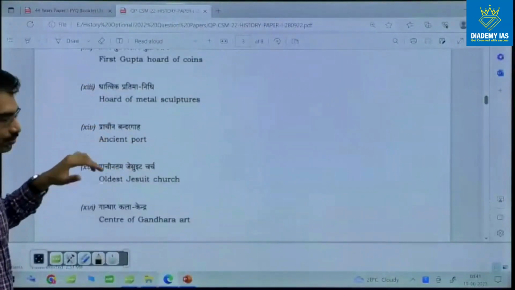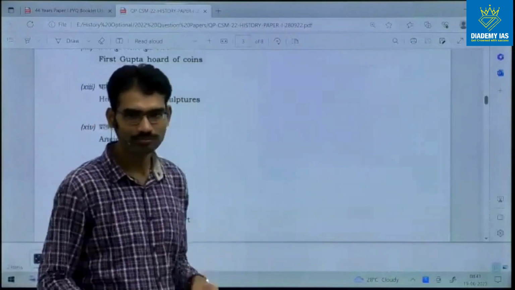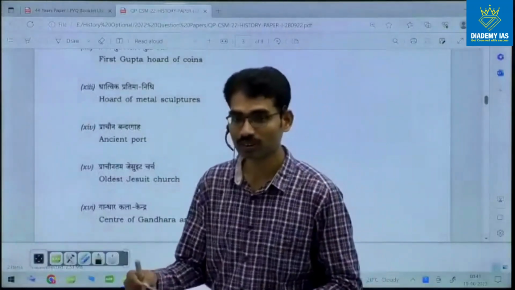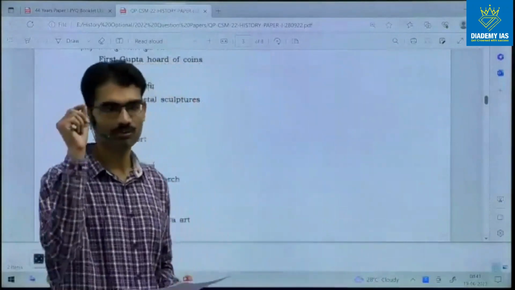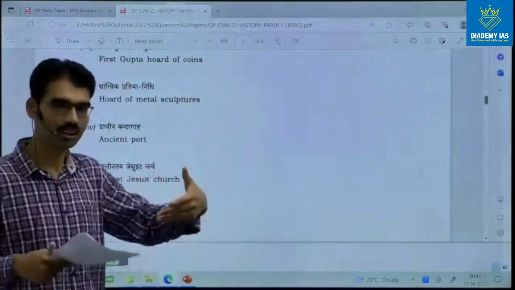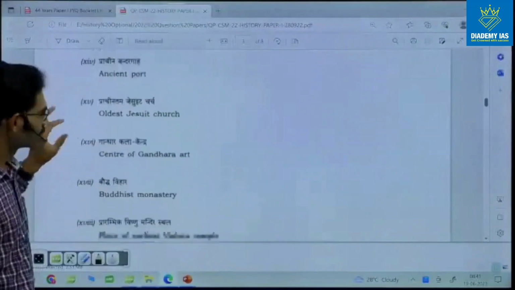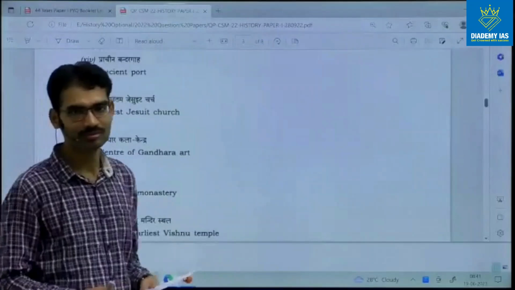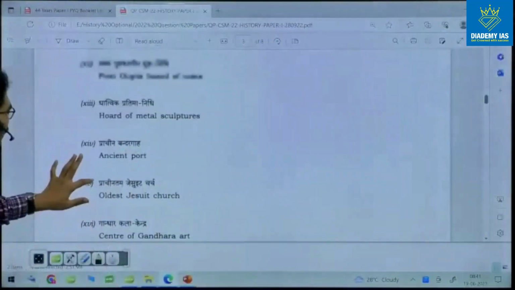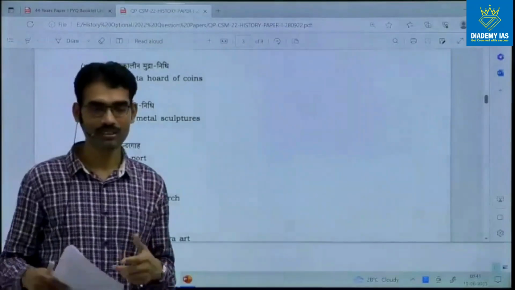Gupta. Ancient port, dockyard and port. Suppose if UPSC says near Lothal and says ancient port, only Lothal only. But the location may not be Lothal. Maybe some other location.